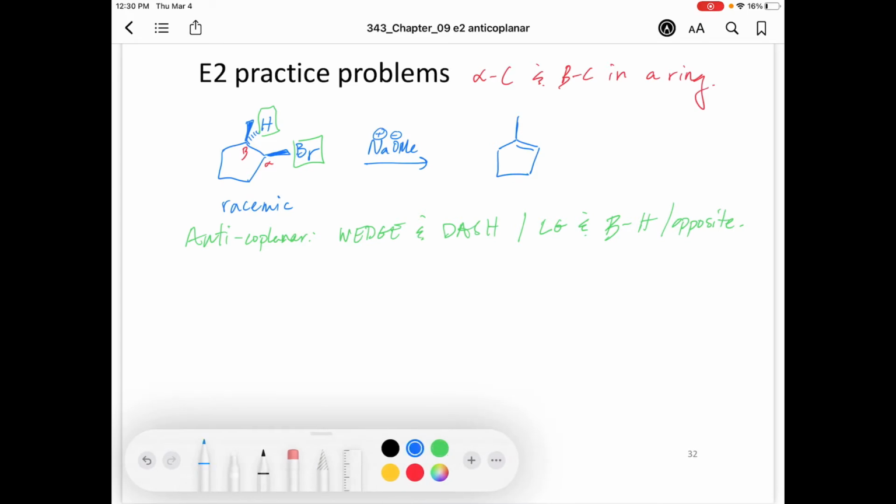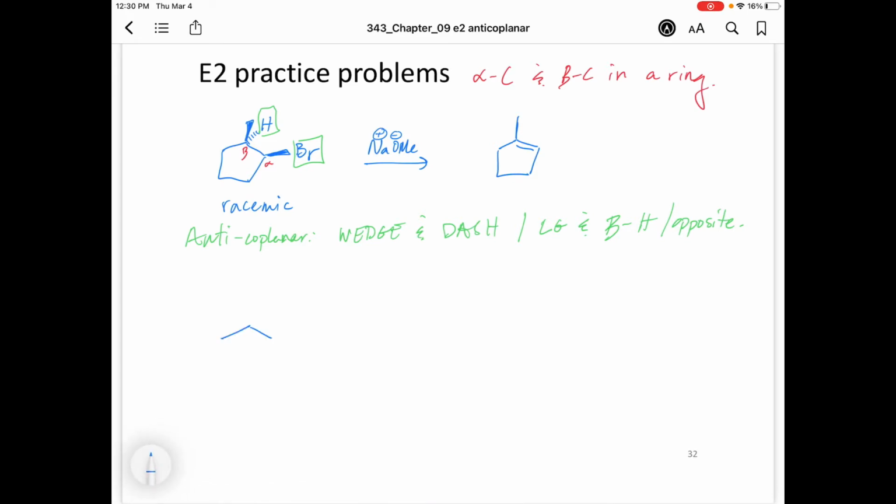Let's go over an example where we actually don't have that hydrogen there. What if I still had the same stereochemistry here? So there's that hydrogen, but what if our bromine here was going down? And we had a racemic mixture here. Well, we're kind of stuck. My question here is, can I make the most substituted alkene here?